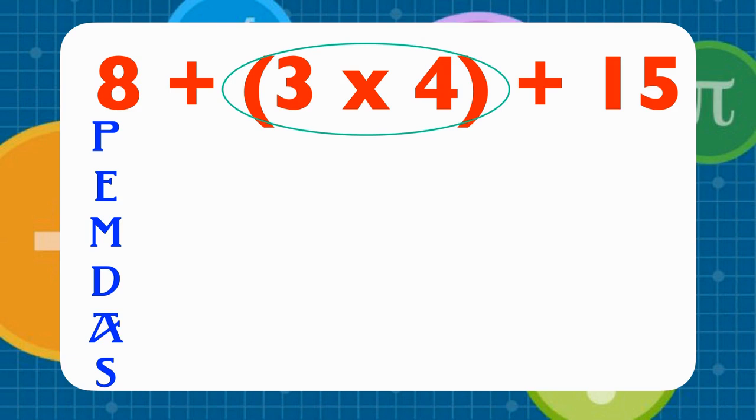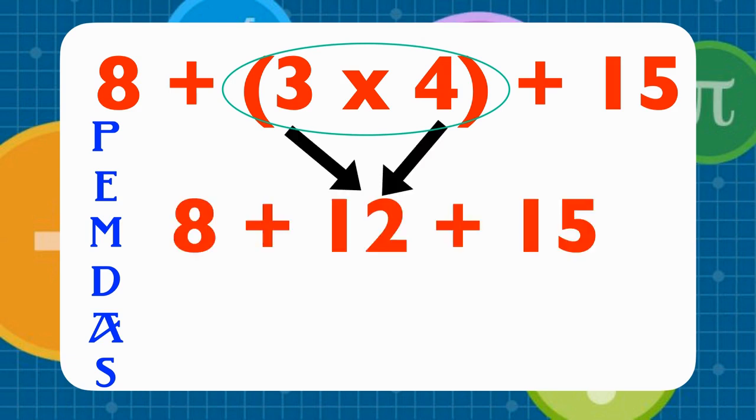When we do that, 3 times 4 gives us 12. Good. And now, seeing that we have no other operations like division or exponents or no other parentheses, we go to addition. And when we add 8 plus 12 plus 15, we should get a total of, that's correct, 35.